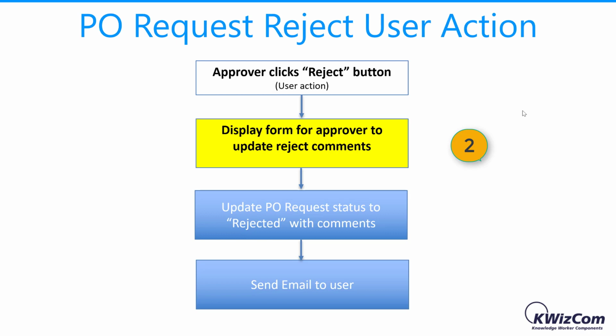The approver will update the reasons for the rejection and click finish, and then some automatic activities will take place, like updating the PO request status to rejected. And of course, we need to send an email to the user who requested this PO, letting him know that his request was rejected. So let's go ahead and implement this.